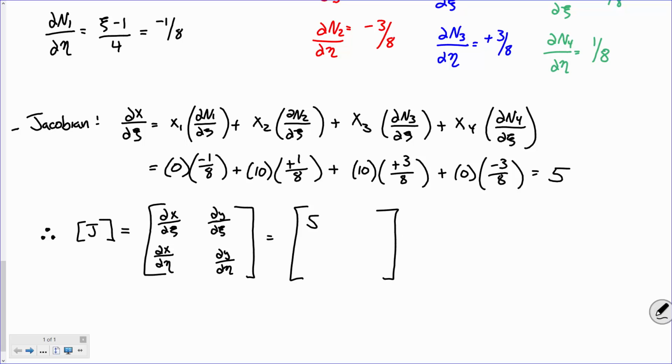Okay. Would you believe me if I just filled in the others? Everybody all right with that? This other one, this one is 0, this one's 0, and this is 5 halves. Okay.